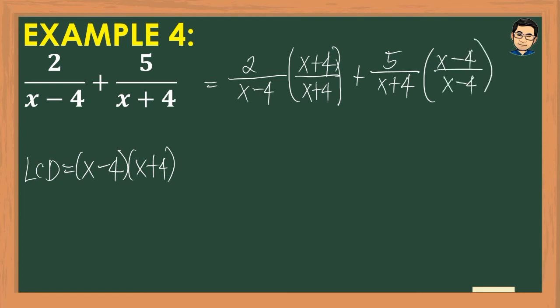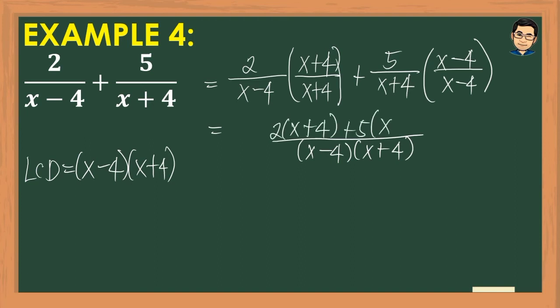And then, so pagsamahin natin sila, sulat natin yung LCD x minus 4 times x plus 4. So, 2 times x plus 4 plus 5 times x minus 4. So, i-distribute lang natin yan yung mga terms.